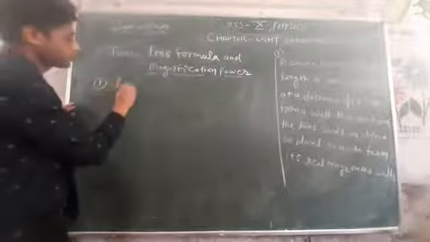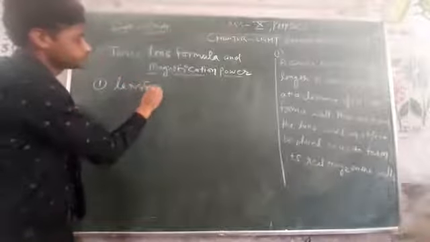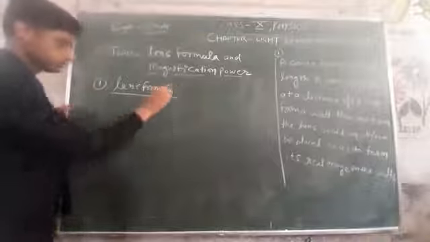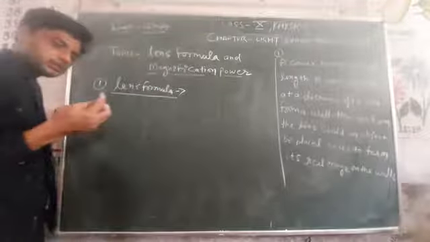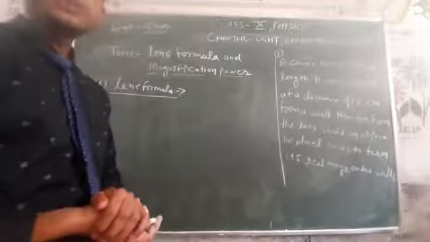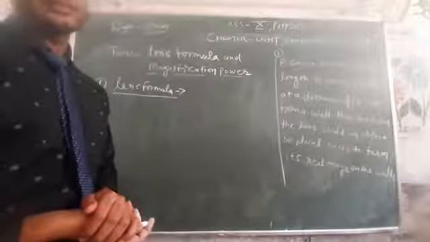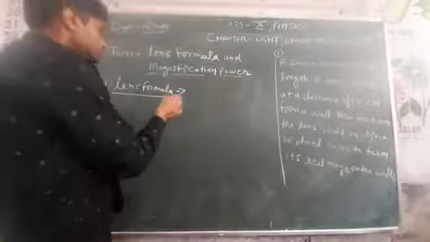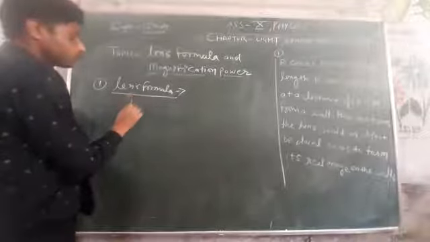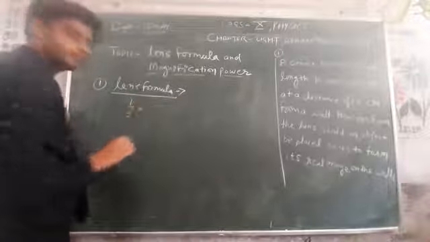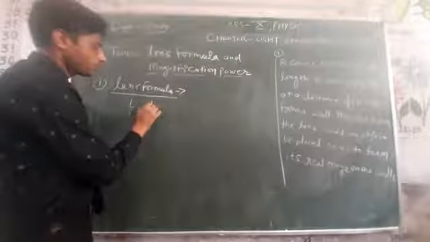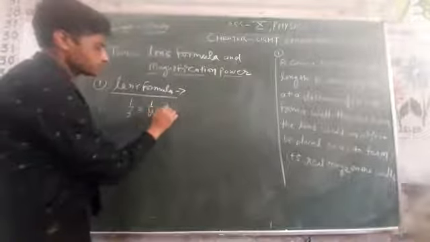First, the lens formula. What is the lens formula? This is the relation between focal length, object distance and image distance. According to the lens formula, the reciprocal of focal length is given as 1 upon v minus 1 upon u.